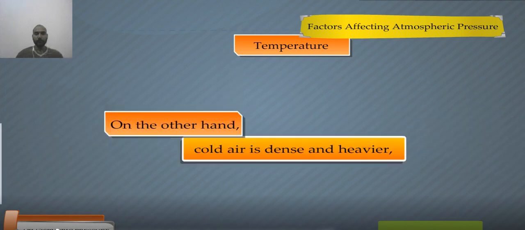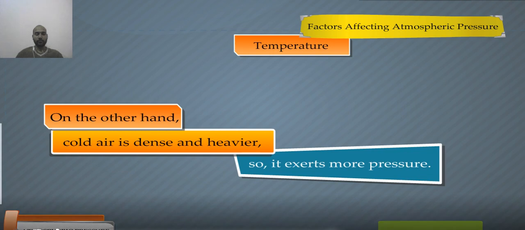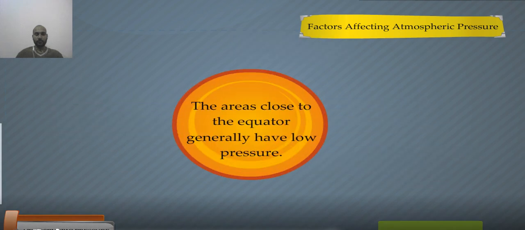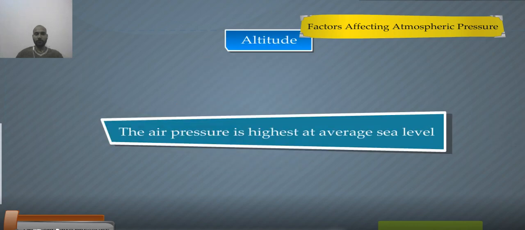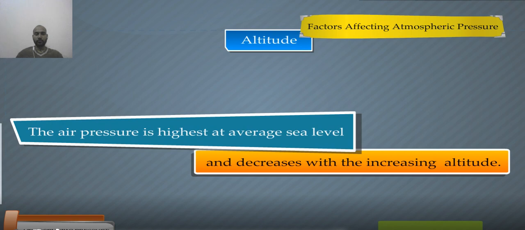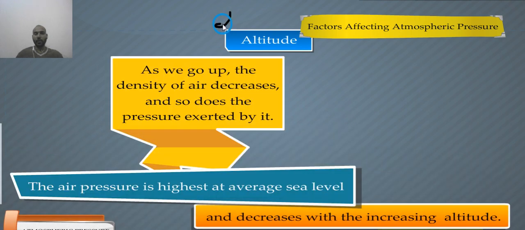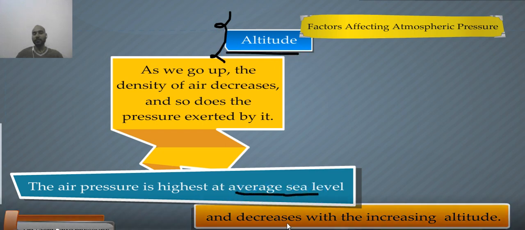On the other hand, cold air is dense and heavier, so it exerts more pressure. The areas close to the equator generally have lower pressure. Altitude. The second point is altitude. Air pressure is highest at average sea level, but it decreases with increasing altitude.